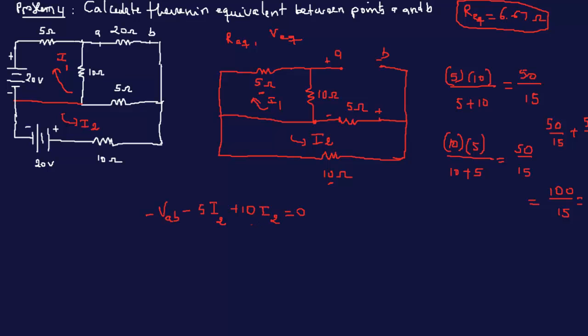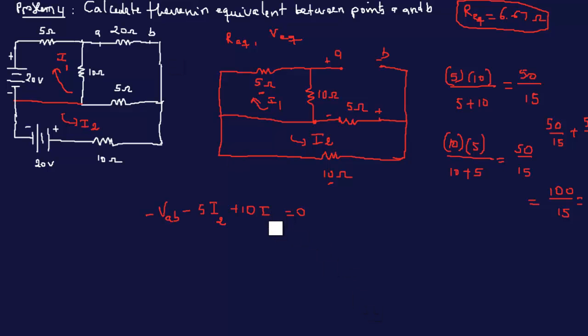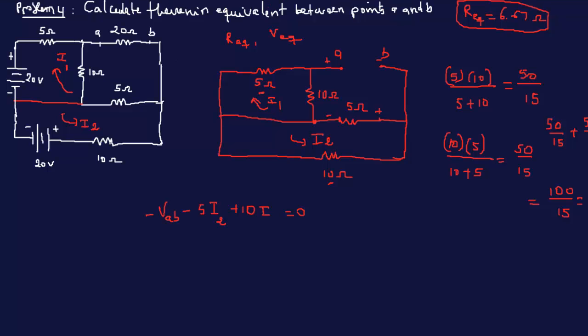And now all we need to do is find I1. I'm sorry, that's I1 here, not I2. That's a different loop. Okay, so this is I1 over here. So all we need to do is just find I2 and I1.